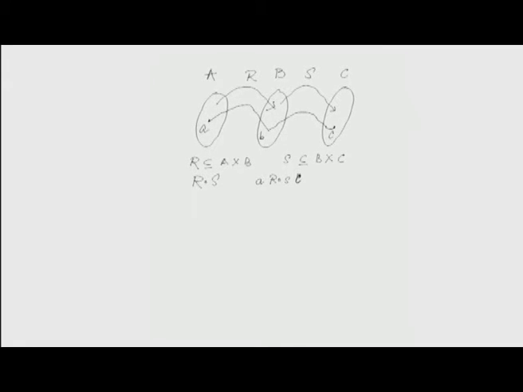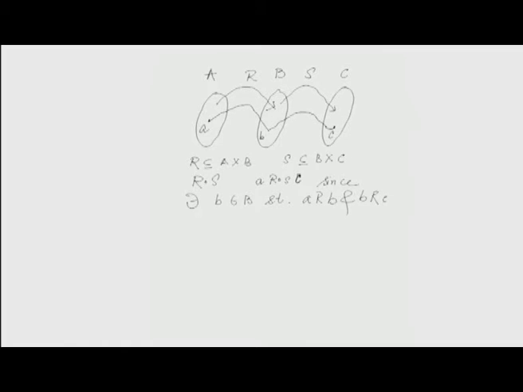This gives us the definition that there exists b belonging to capital B such that a R b and b S c.